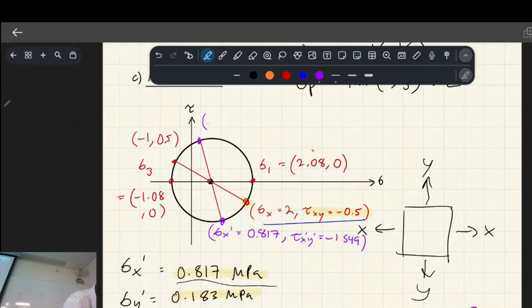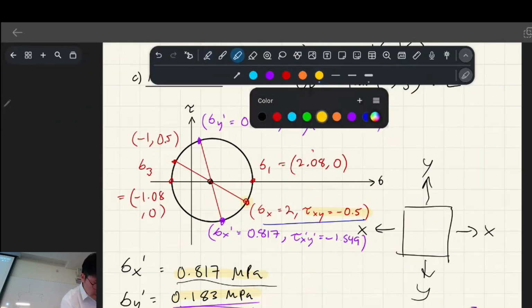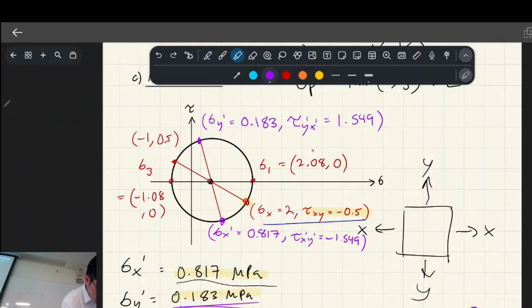Over here we have the other one, which remember is a positive number, so it has to be a positive number over here: 0.183, and tau y dash x dash is the positive version of it. Okay, let's do it in purple.